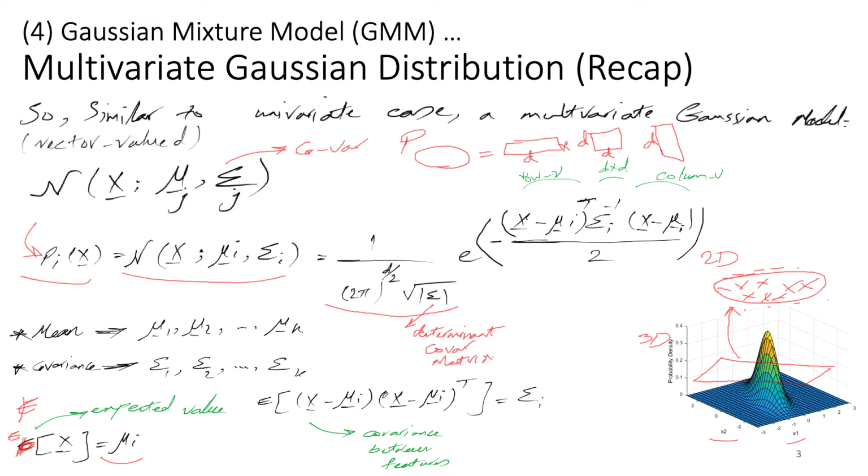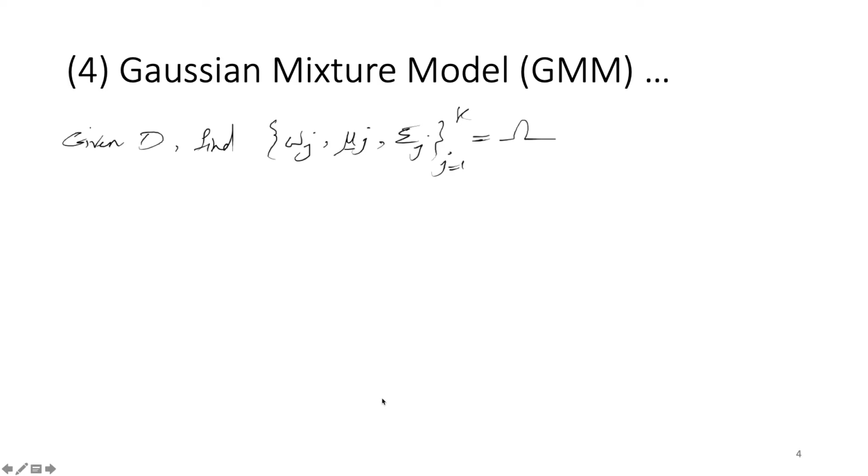All right. And then we talked about how we're going to estimate a bell-shaped function using Gaussian models. So we defined, given our data set D, we were interested in finding these parameters for all the j's from 1 to k.